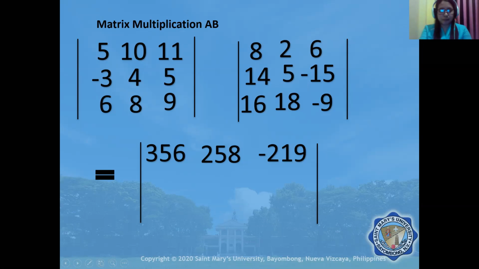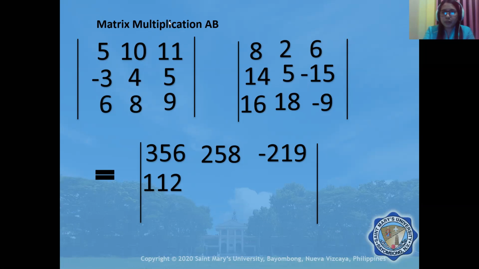Okay, next. Let us move to the next row. Negative 3 multiplied by 8 plus 4 multiplied by 14 plus 5 multiplied by 16. So that is 112.